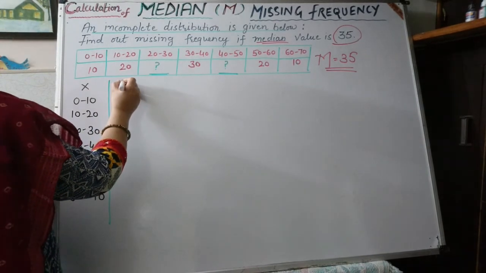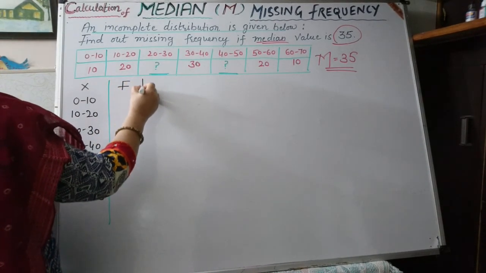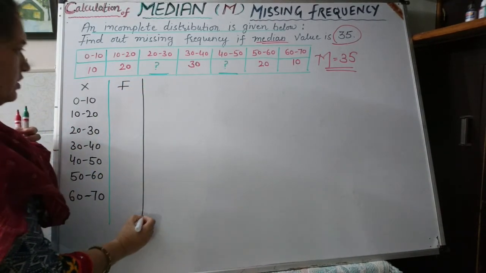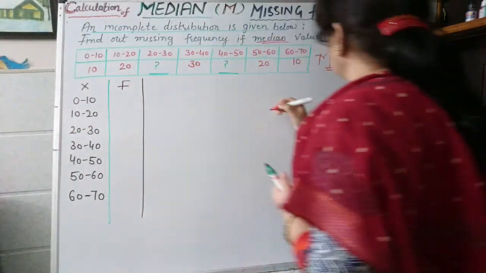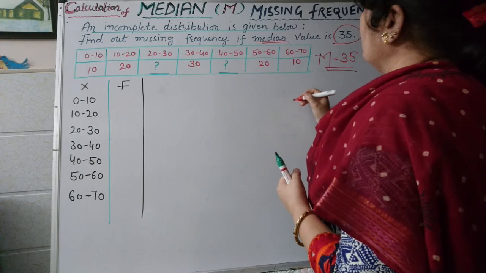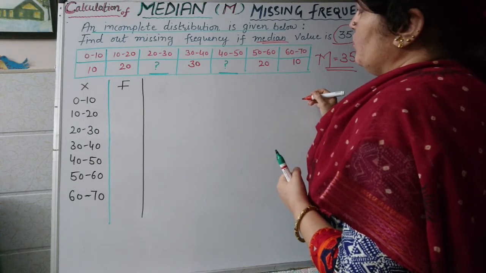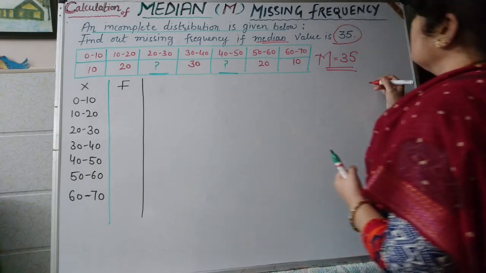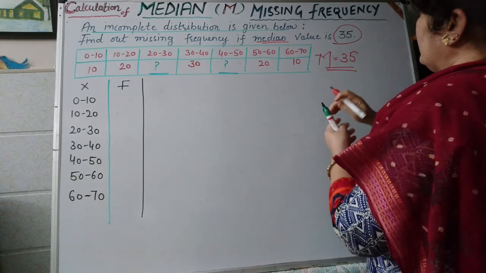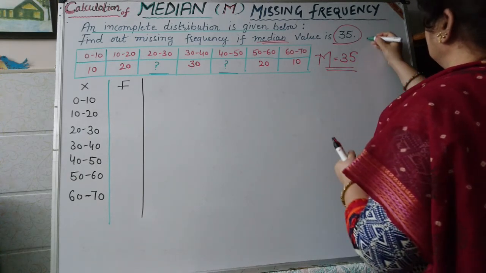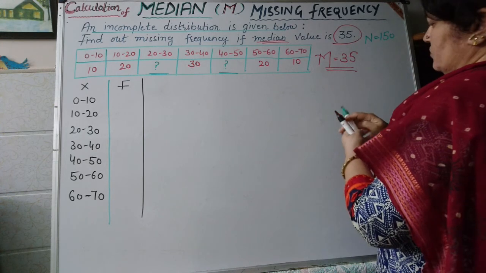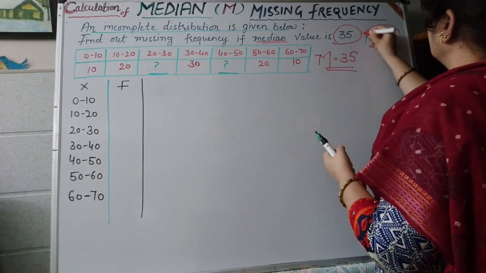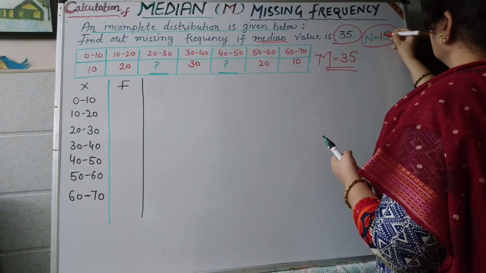Then let us write down the values of frequency. And for the missing frequencies, let us first calculate. Moreover, the value of N is also given in the statement.